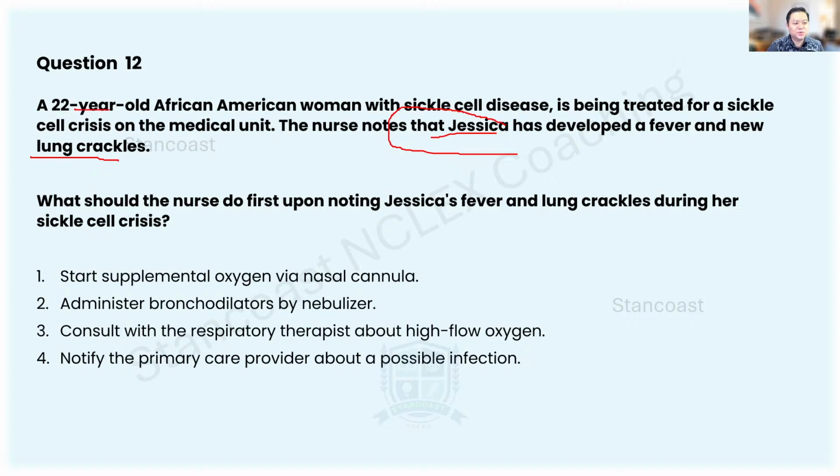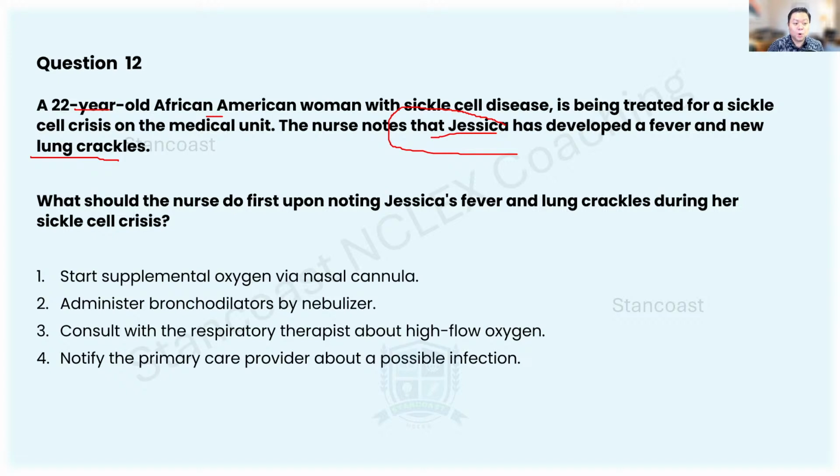What should the nurse do first upon noting Jessica's fever and lung crackles during her sickle cell crisis?